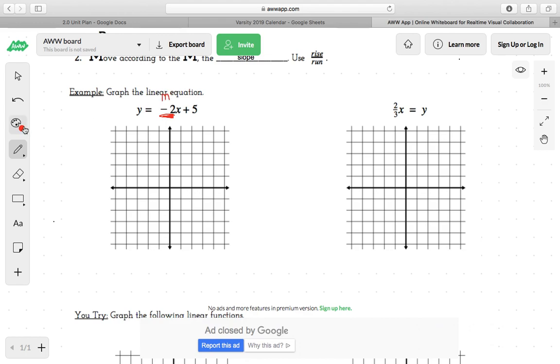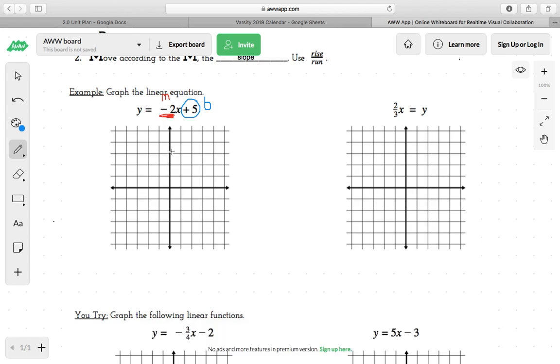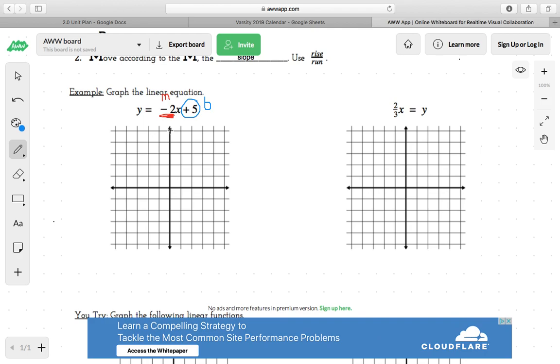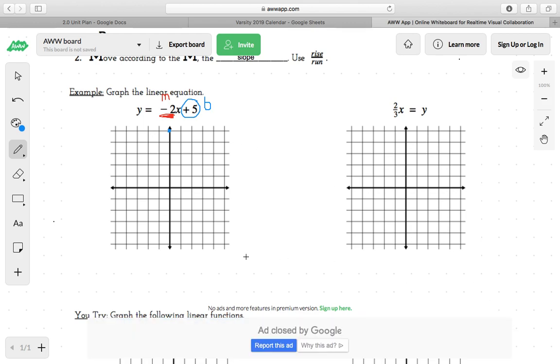And so I want to begin with b. And so for our b, we're going to begin at positive 5 on our y-axis. Okay, so positive 5, if this is our origin, we're going to go up 5. 1, 2, 3, 4, 5. And we're going to put a point at positive 5 on the y-axis. That's our b, that's our y-intercept.